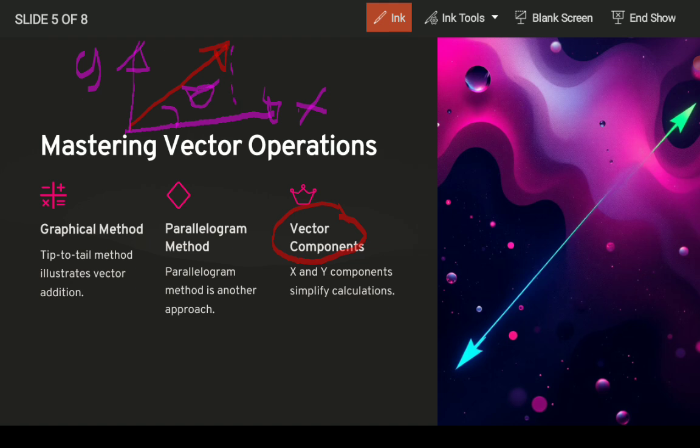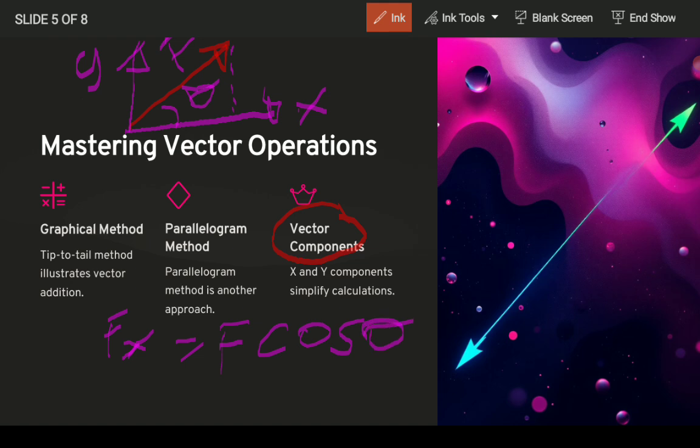Suppose you complete a right angled triangle which contains an angle theta. If it is a force in the x direction, let's say this vector is F for force, you simply take the force multiplied by the cosine of angle theta.